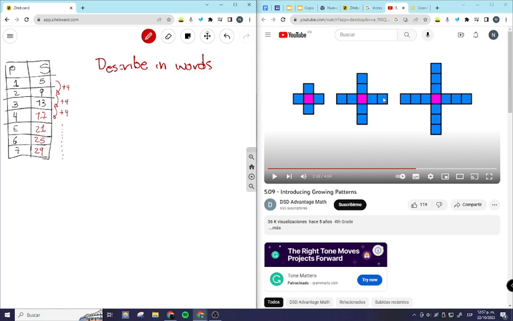Then, and this is really, really important, you are going to be asked to find the general rule. Most of the times it's going to be said in this way, for example, find a general rule for S in terms of P. So let me write it here so we don't forget.